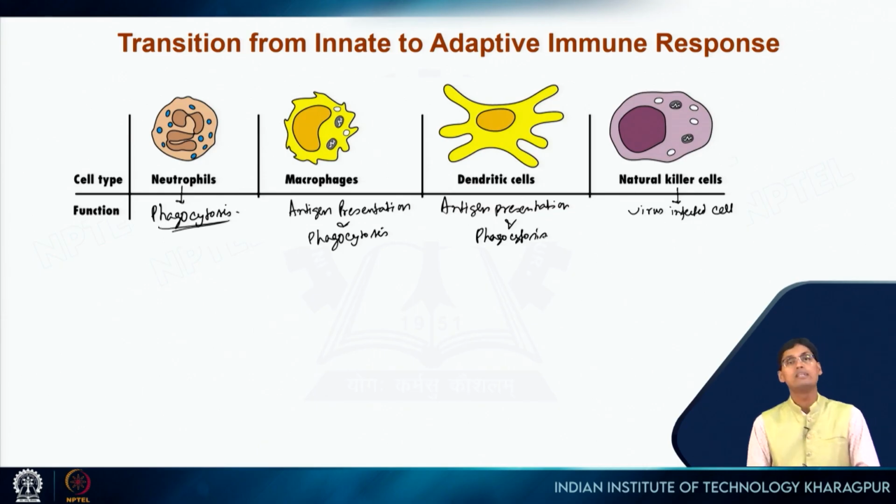This is very important. They phagocytose pathogens, microbes, and they process that information, what is present inside the microbes, and they display some kind of signature, some kind of antigenic signature on their surface to activate our adaptive immune system.